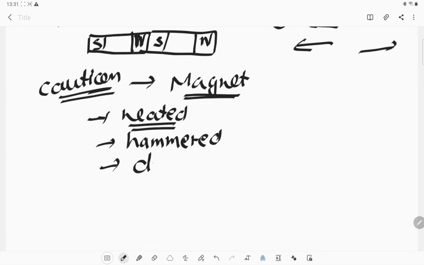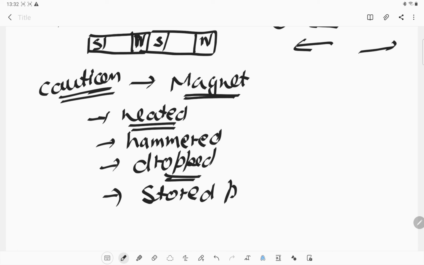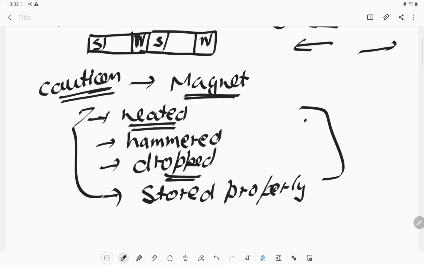As well as if we drop it from a good height, it can also lose its property. Or if we do not store it properly, there is also a chance of losing its property. So these are the cautions we need to keep in mind, so that our magnet will not lose its property.